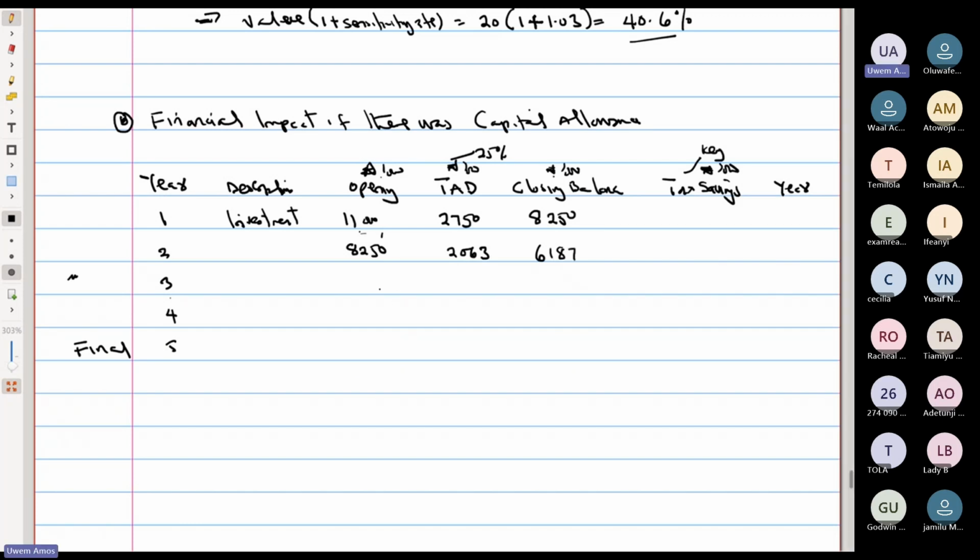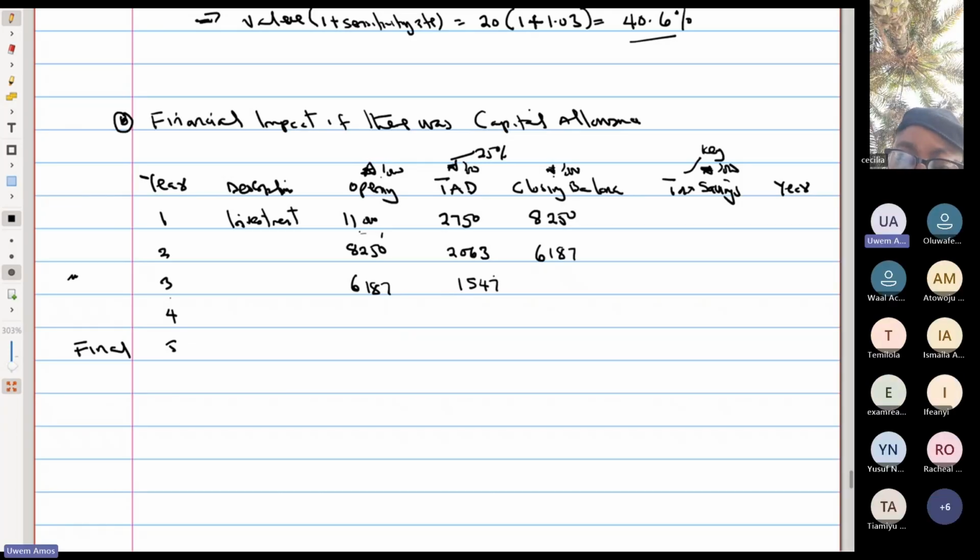Closing becomes opening the next year. 25% of 6,187 is 1,547. So 6,187 minus 1,547 is 4,640.